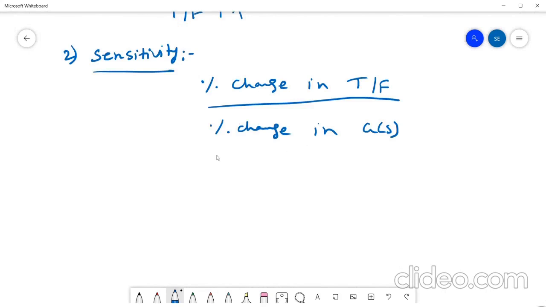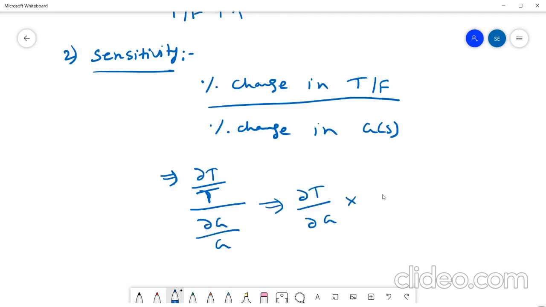How can I write this? It is a partial derivative, right? Percentage change, dou T by T to dou G by G. So I can rewrite this in this way: dou T by dou G into G by T, right?